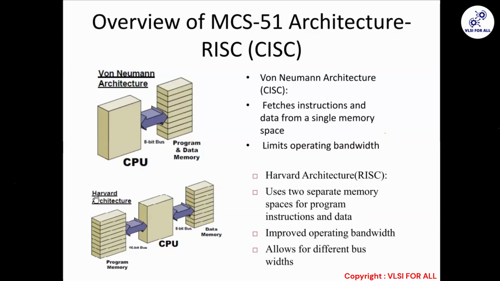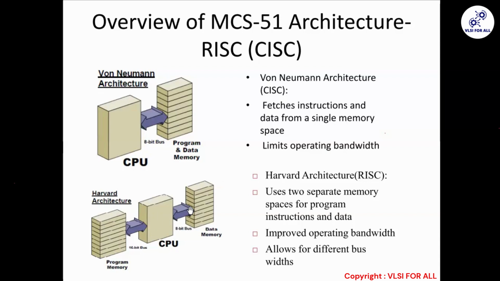That architecture is called Harvard architecture. Again, it depends on the application, what our requirement is, and that way the architecture can be selected. So this is Harvard architecture. So what two architectures do we have to talk about? One is von Neumann and the other one is Harvard architecture.